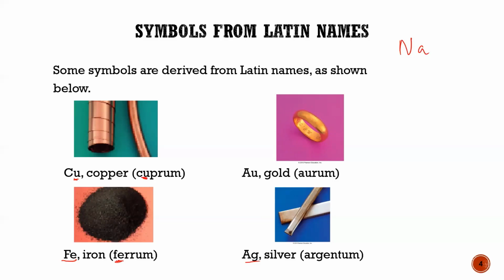Silver, argentum, right? Argentina, the country, is named after that because it was believed that there was a giant mountain of silver there. So these are basically how the names and the symbols are derived for a lot of the elements we'll be discussing.